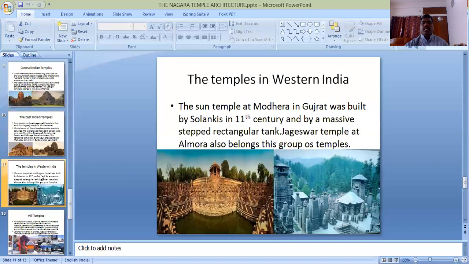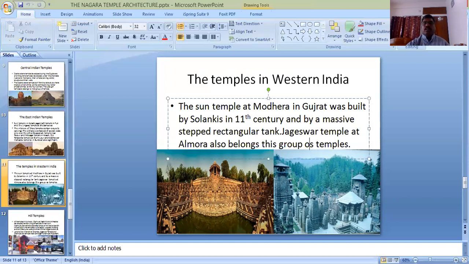The temples in Western India: the Sun Temple in Modhera in Gujarat was built by the Solankis in the 11th century and is marked by a massive stepped rectangular tank. The Jagati Temple at Almora also belongs to this group of temples.